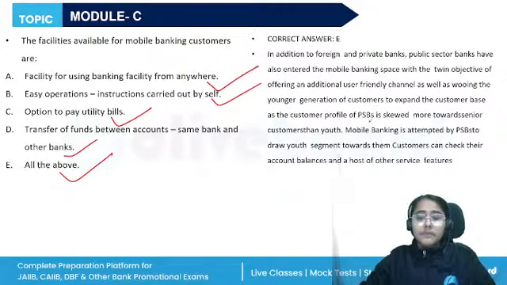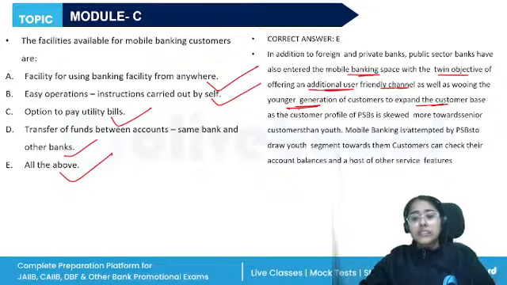All of the above. Mobile banking has entered the public sector banks as well, with the twin objective of offering an additional user-friendly channel, also attracting the younger generation customers to expand their customer base. Earlier, the public sector banks' customer profile was more skewed towards the senior customers than the youth. But now they're also trying to draw the youth segment towards them.